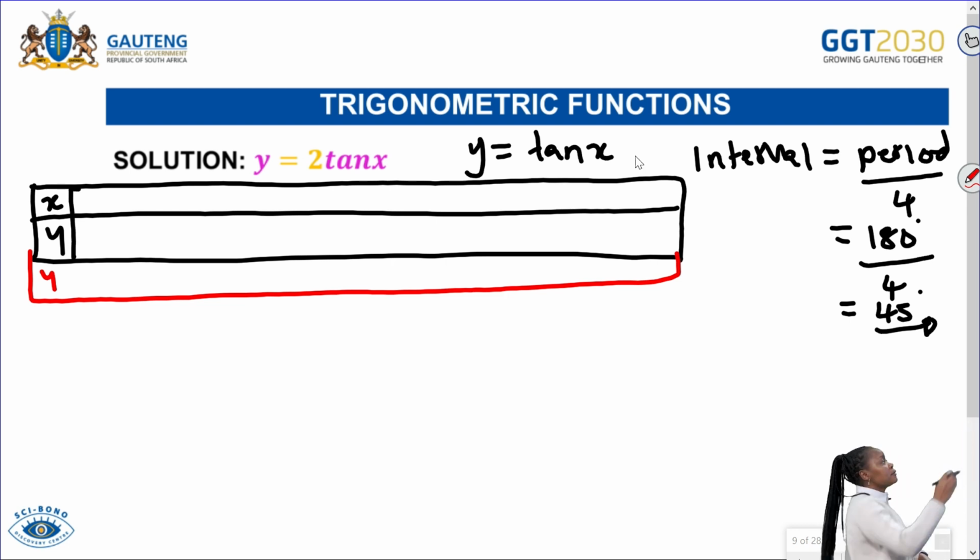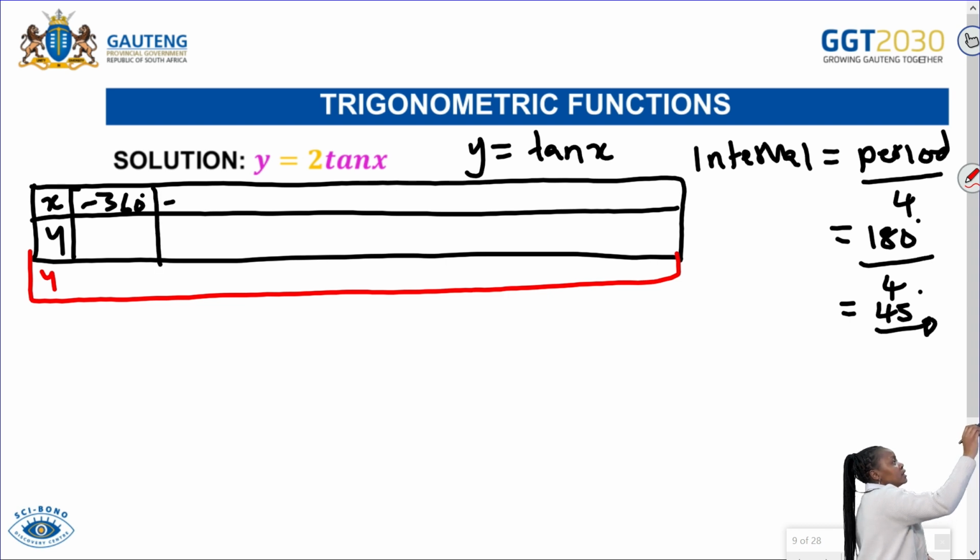So we are going to start by looking at negative 360 degrees, negative 270, negative 180. Also, we are using the intervals of 45 now.